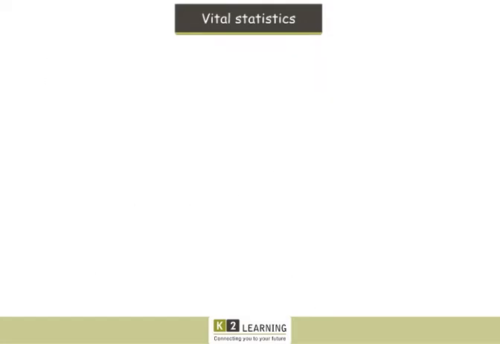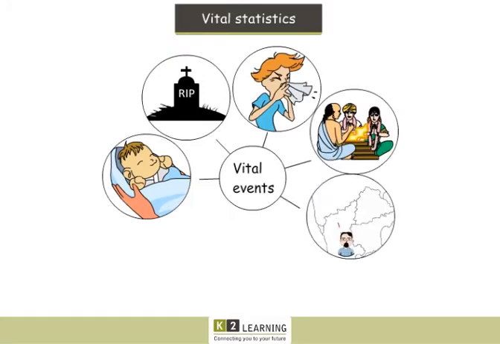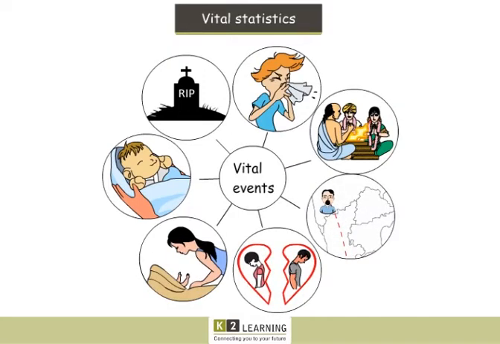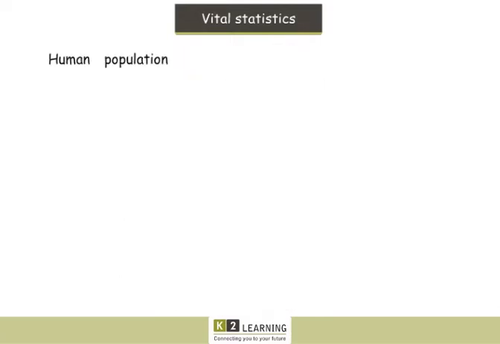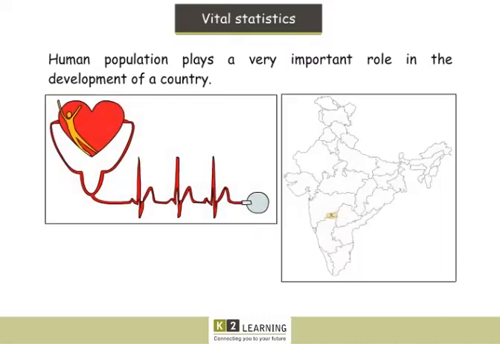In general, vital events in this context mean events of human life such as birth, death, sickness, marriage, migration, divorce, adoption, separation, etc. Human population plays a very important role in the development of a country. Hence, using vital statistics, the health and growth of a country can be studied.